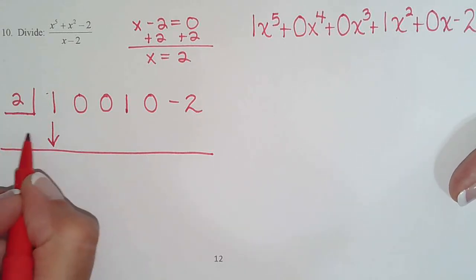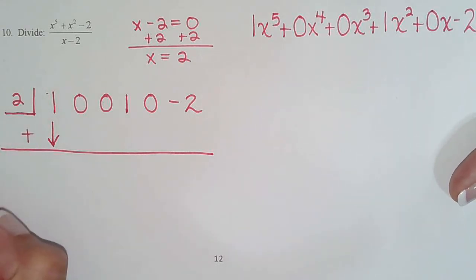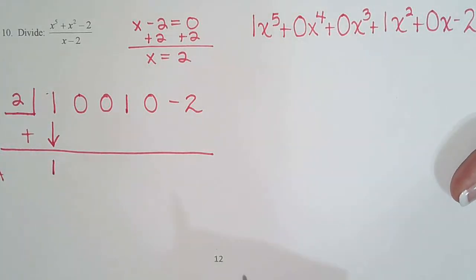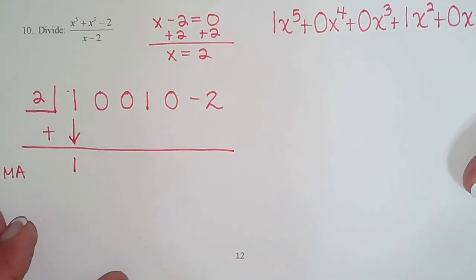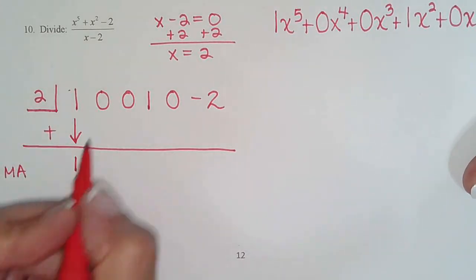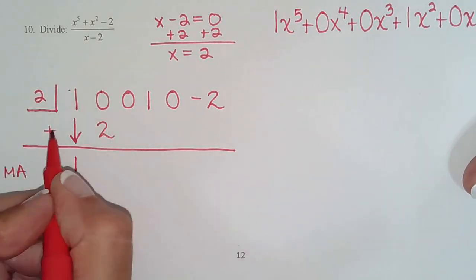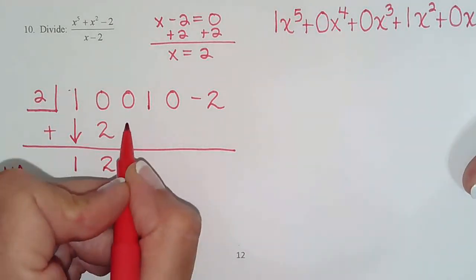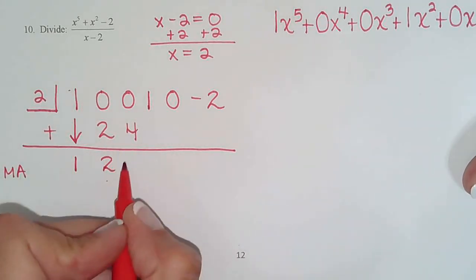So it's an addition problem. Our two steps are multiply, add after we bring the first number down. So multiply 2, 0 plus 2 is 2. Multiply 4, 0 plus 4 is 4.